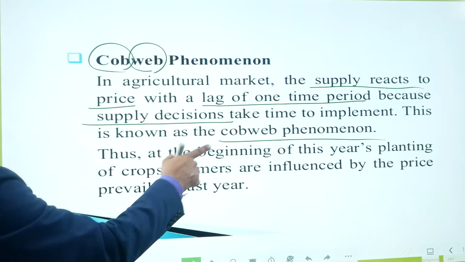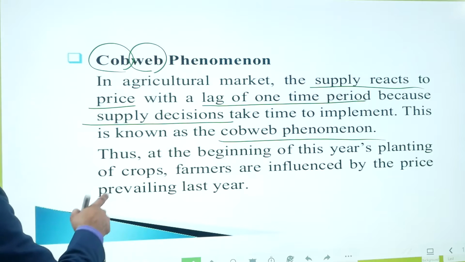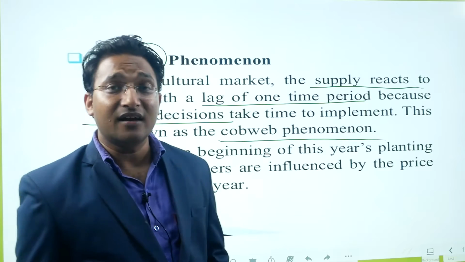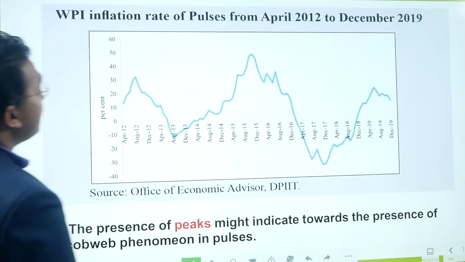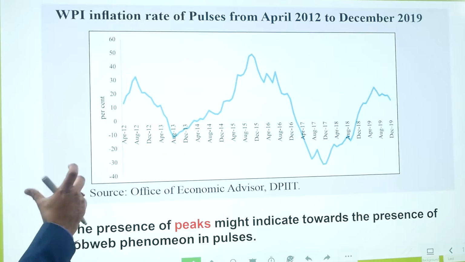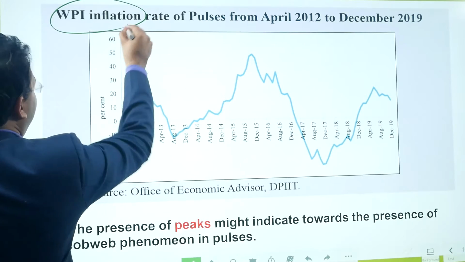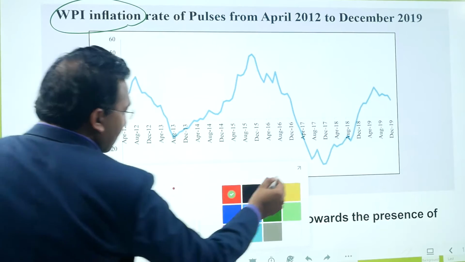Thus, at the time of beginning of this year's planting of crop, farmers are influenced by the prices prevailing in the last year. So this is the Cobweb phenomena. In this year's economic survey, this Cobweb phenomena has been indicated regarding the WPI inflation in case of the pulses.